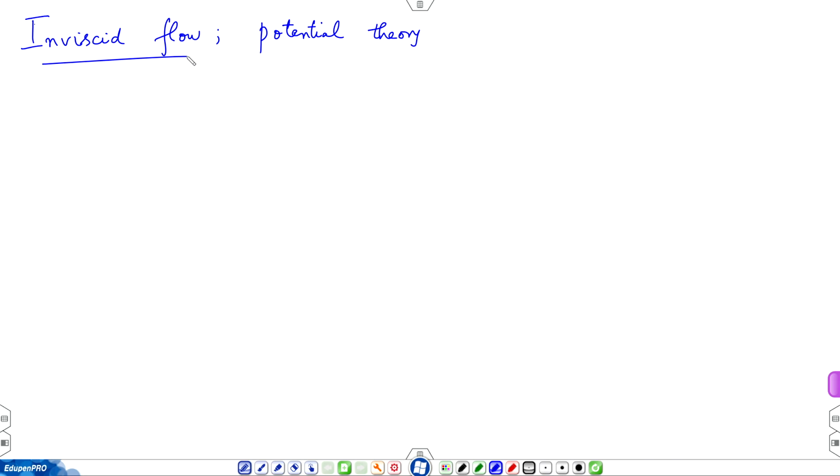So, more than inviscid flow, we also required the flow to be incompressible. We required uniform approach flow.